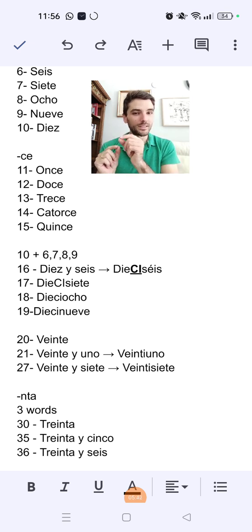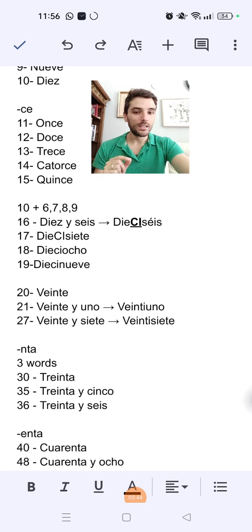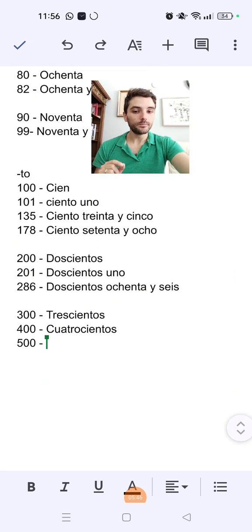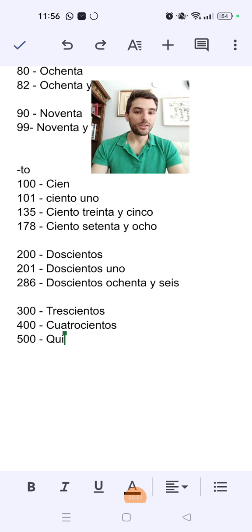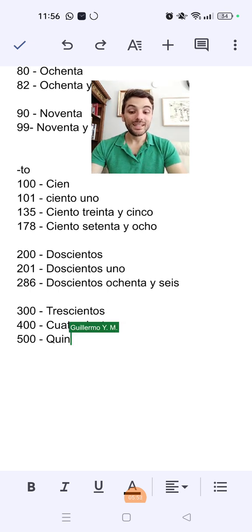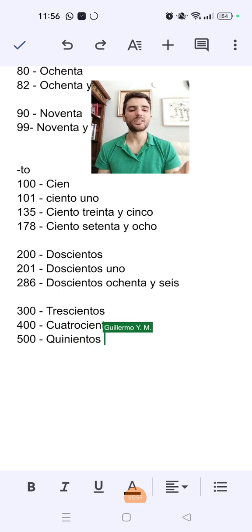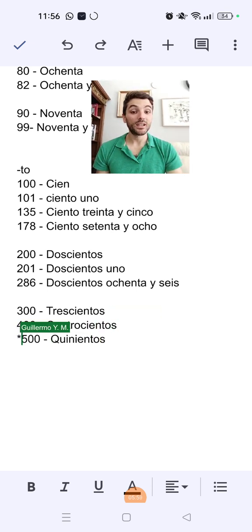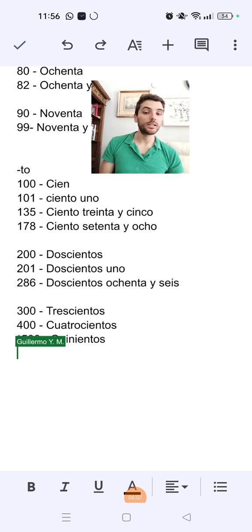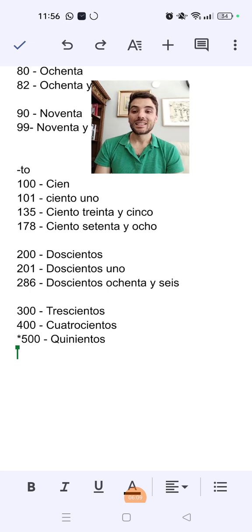Let's write it here. Ki, and then this is going to blow your mind: quinientos, 500. This is a super irregular number, and we use this number a lot, so bear with me here. Remember this number.